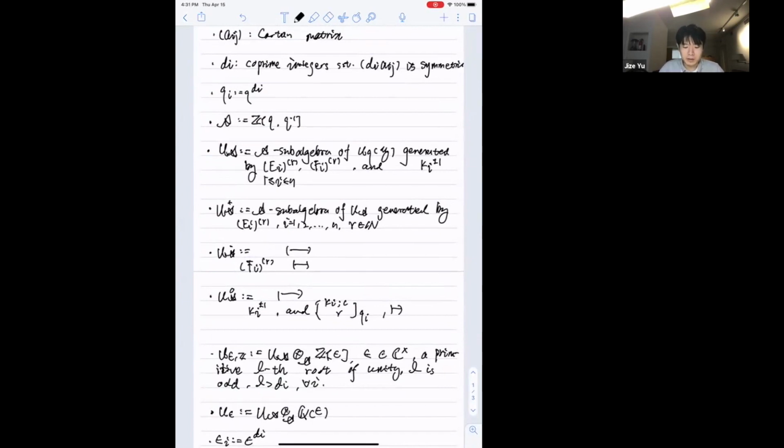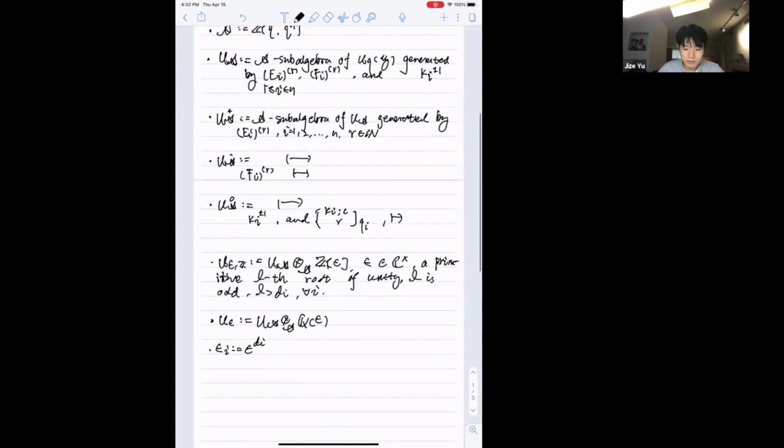Then A will be the ring of Laurent polynomials with coefficients in Z and the variable q. And U_A will be the A-subalgebra of the usual quantum group U_q(g), which is generated by the divided powers E_i^(r), F_i^(r), and K_i^(±1) for i from 1 to n. And U_A^+ will be the A-subalgebra of U_A which is generated by the divided powers E_i^(r) for i from 1 to n, and r a natural number.